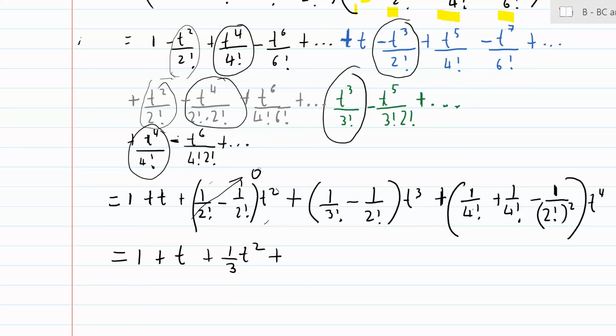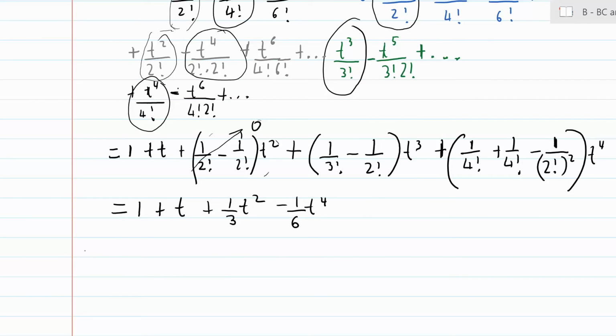And so that's simply 1 over 24 plus 1 over 24, which is 1 over 12. And 2 factorial is simply 2 times 1, which is 2. 2 squared is 4. So you have 1 over 12 minus 1 over 4. And if you do your math right, that should be negative 1 over 6. So we have negative 1 over 6 t to the 4.